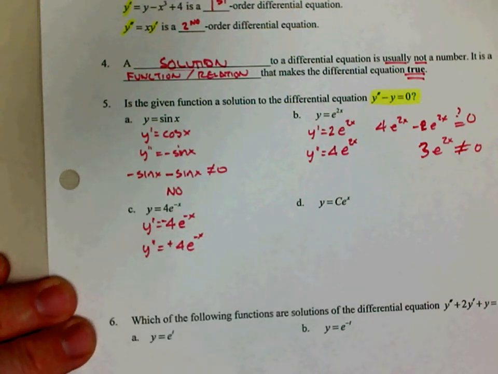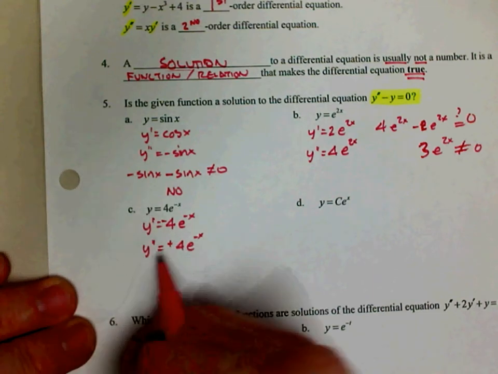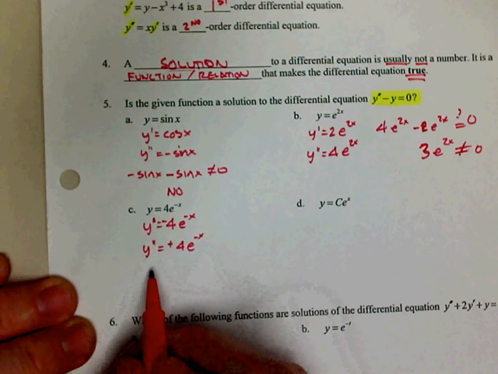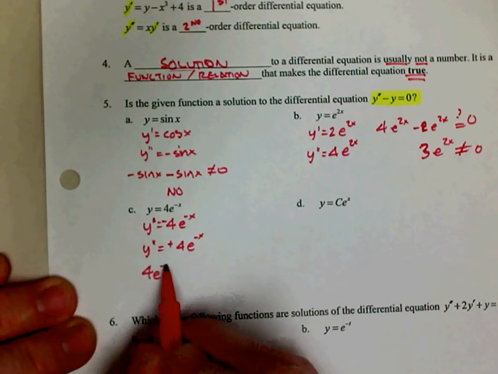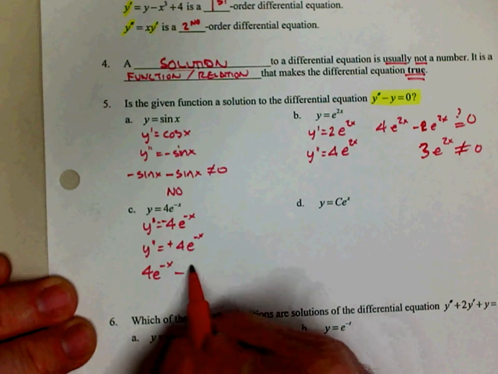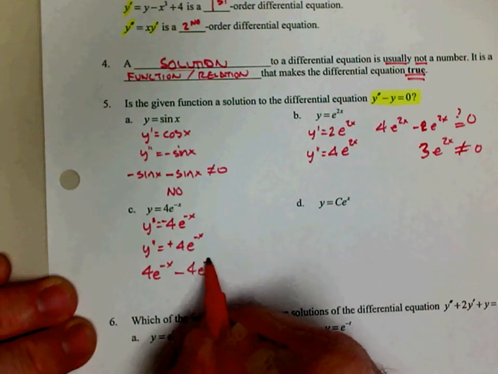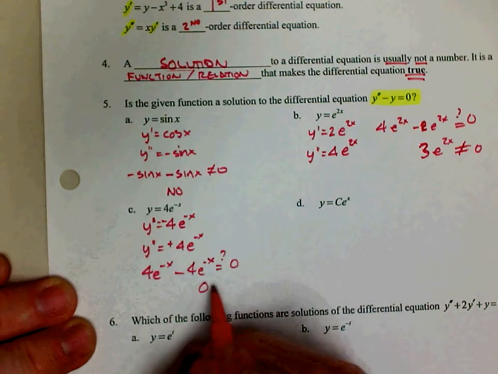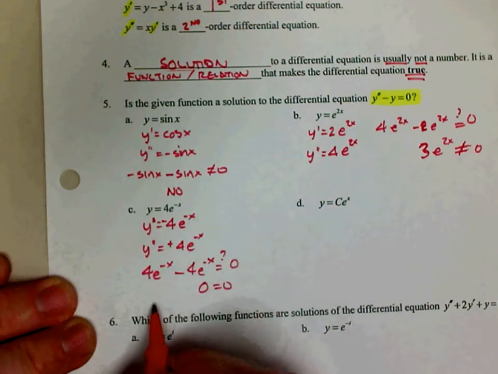Let's substitute these two things in here. This time I'll try not to mess up. So our second derivative is 4e to the negative x. We're subtracting the original function y equals 4e to the negative x. Does that equal 0? Yes, this time it does. So this one is a solution.